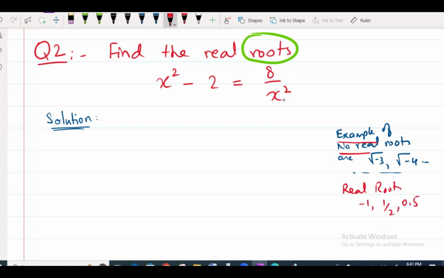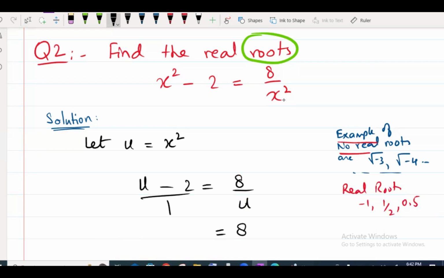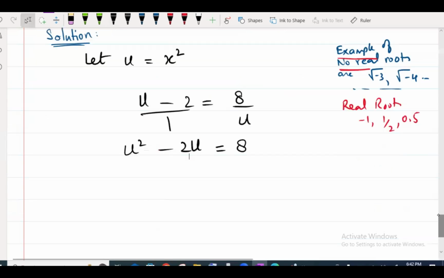So the first step is you have to assume that u equals to x square. When you assume u equals to x square, you will get u minus 2 equals to 8 over u. Cross multiplication, we will get u square minus 2u equals to 8.